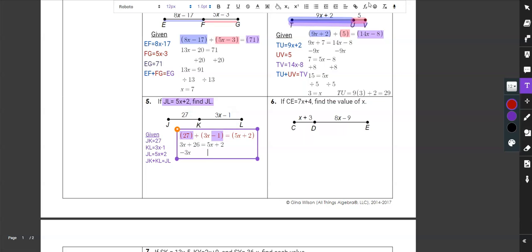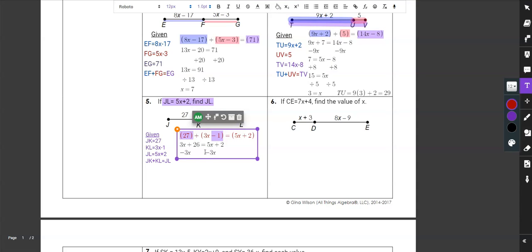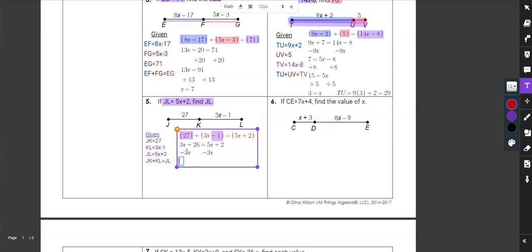I know in one class we did that. 3x, okay. And again, I'm just making this neat. All right, so when we do that, we are left with 26 is equal to, sorry, not 5x, 2x, because 5 minus 3 is 2.